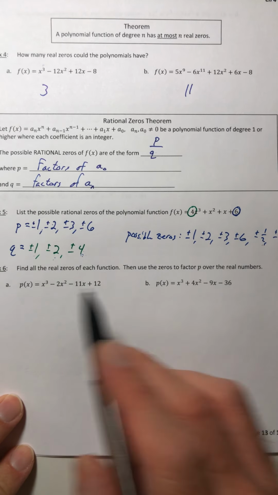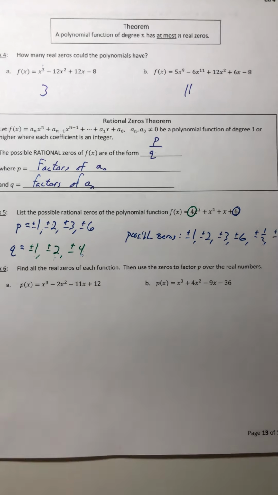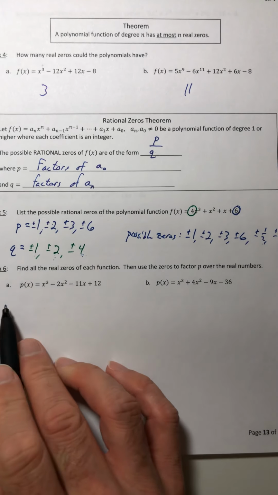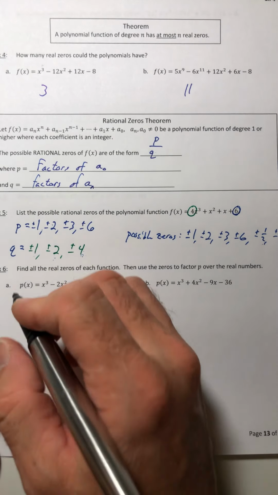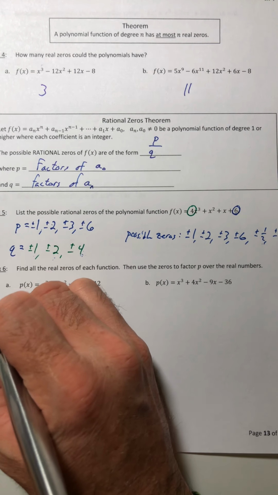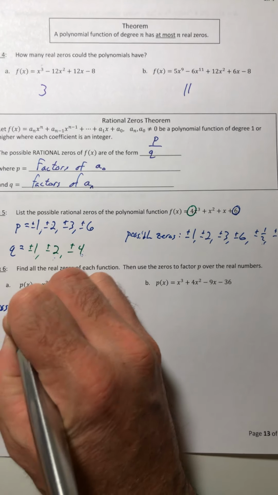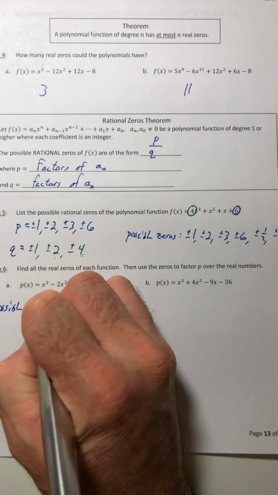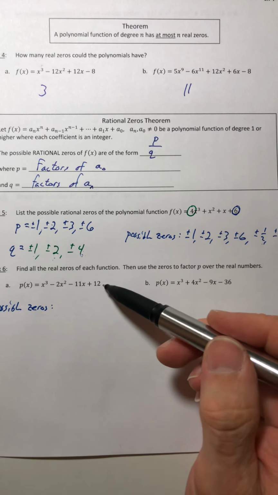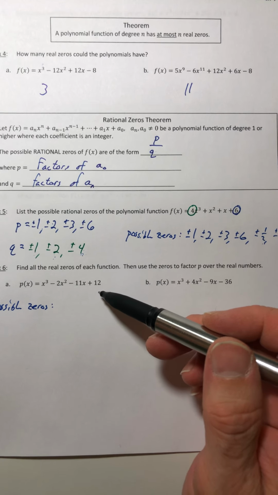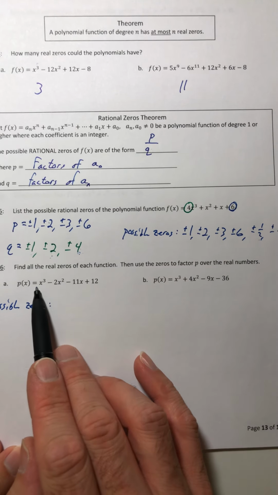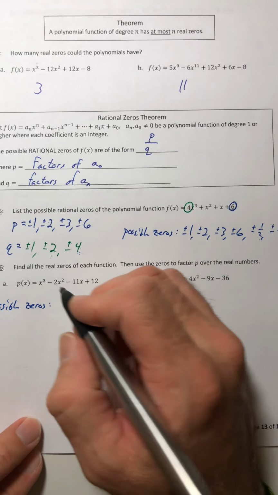So our possible zeros for example 6a: the factors of 12, there's a lot of them. 1, 2, 3, 4, 6, and 12. And then the factors of 1 are just 1. So that's kind of nice.